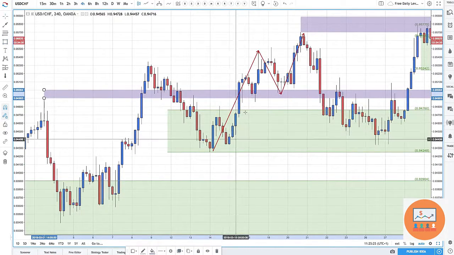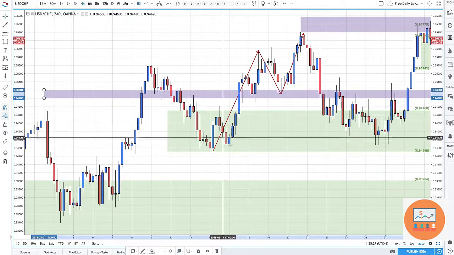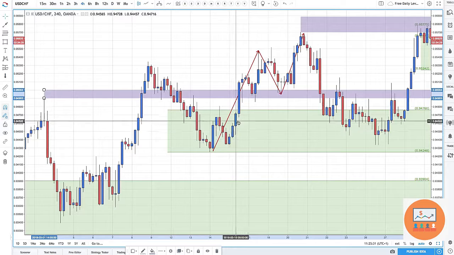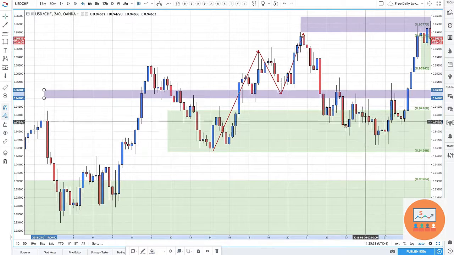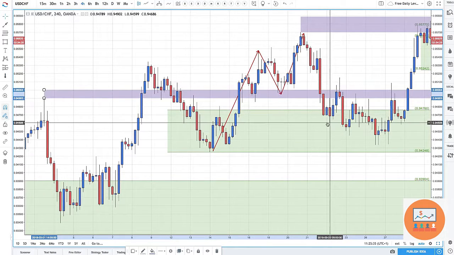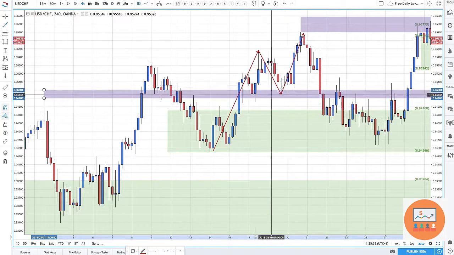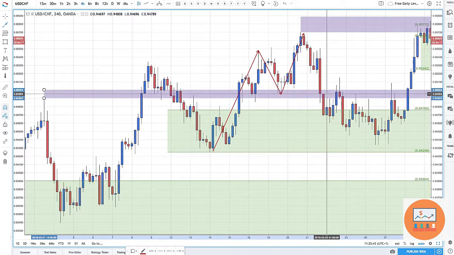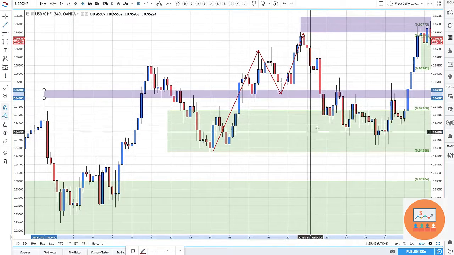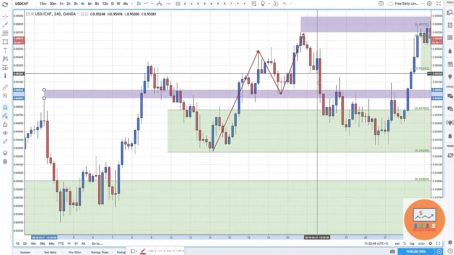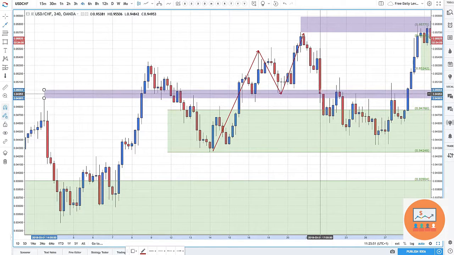We know that this area here would have been the daily demand zone that we were looking for prices to come back into before we look for a trade, right? But support and resistance traders would have been looking at areas of potential support. Sorry, I'll talk about supply and demand we're looking at, and support and resistance traders are looking at areas of support and resistance to obviously get long, right?